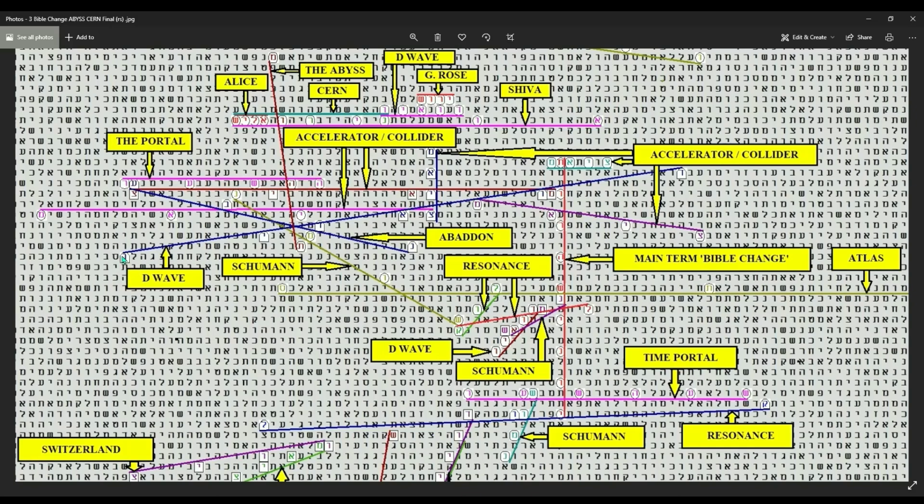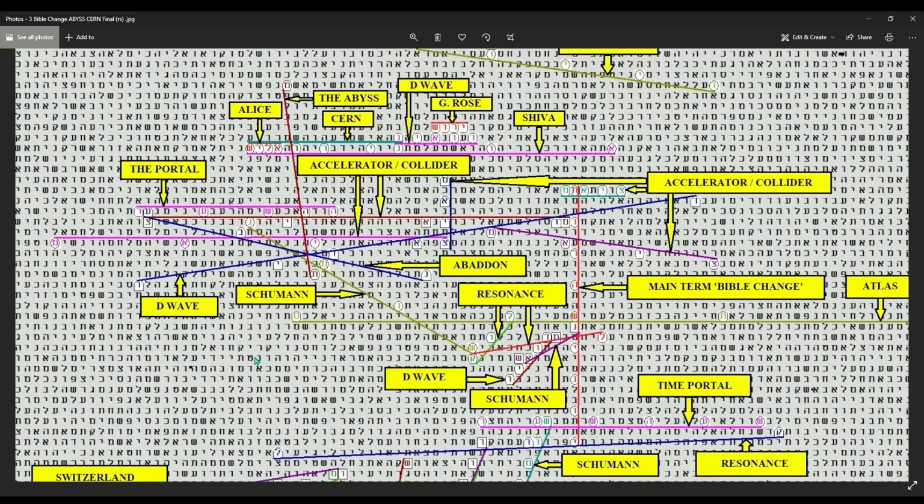And we also have D-Wave again crossing right across here, and a very disturbing portion to this, we have the word the abyss, which crosses the accelerator, crosses the portal, and also we have a Baden crossing as well.